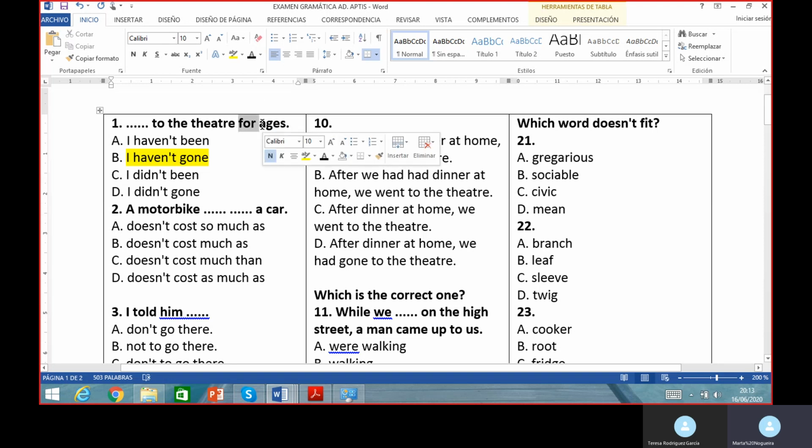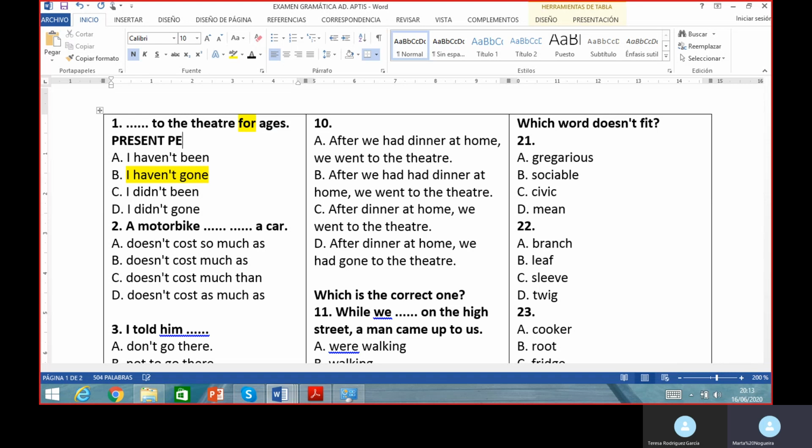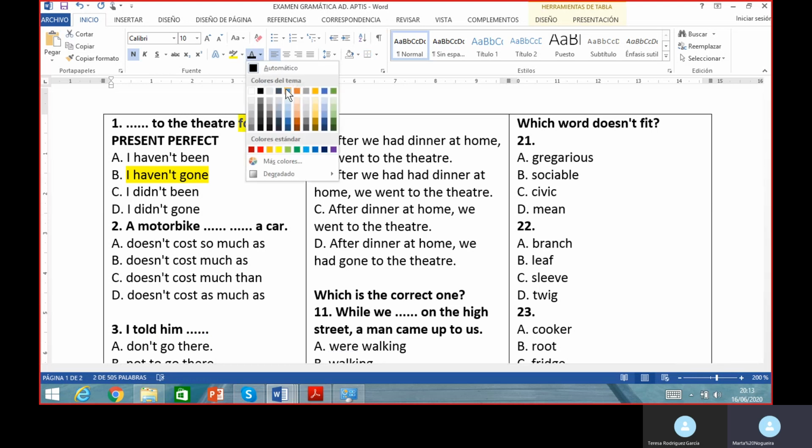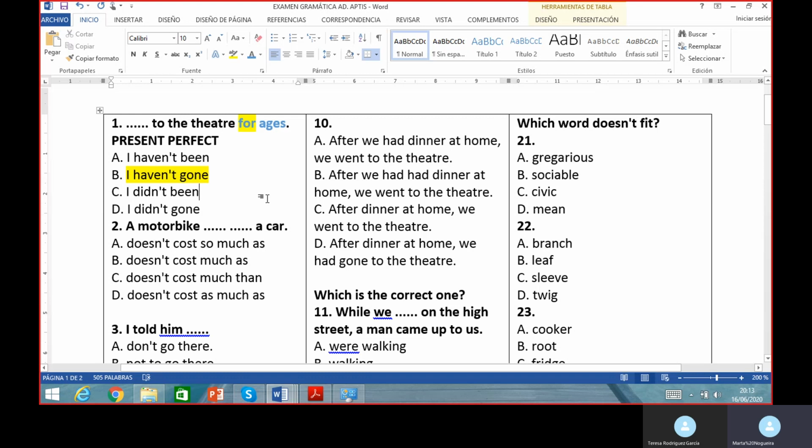Because we've got "for", and when we have "for", we put the present perfect. I haven't gone to the theater for ages. "For ages" is an expression which means "desde hace siglos".